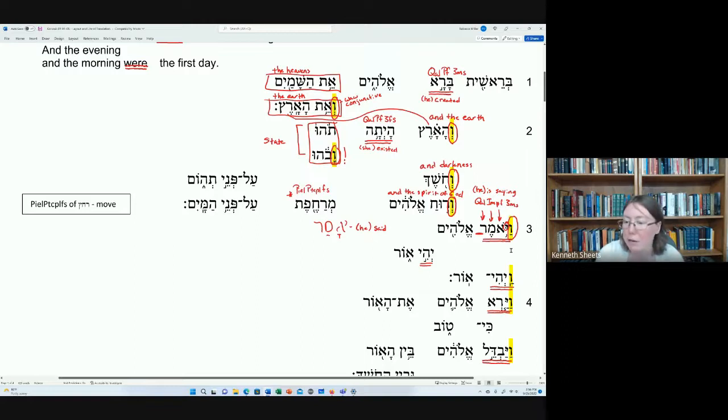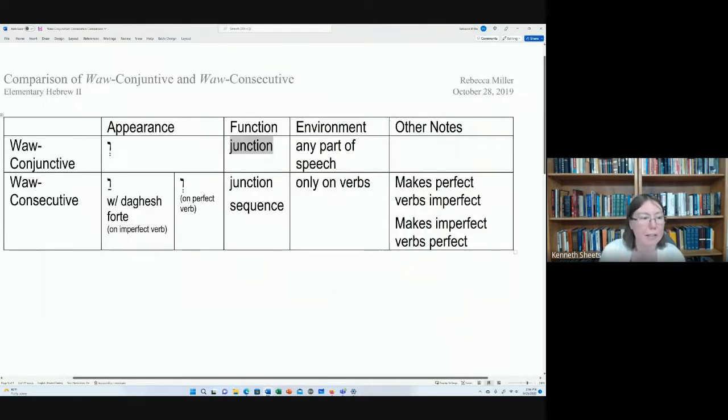But then we come down here to verse 3, and you can see the vav, but it's pointed differently. This one is not pointed with that simple vocal schwa. It is pointed with a patach. And the reason for that is this is not a vav conjunctive. This is a vav consecutive. It's another conjunction joining together two equal grammatical elements. But instead of indicating just simply that two things are being joined together, it also indicates that there is some type of a sequence that is involved here.